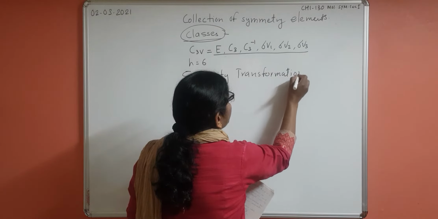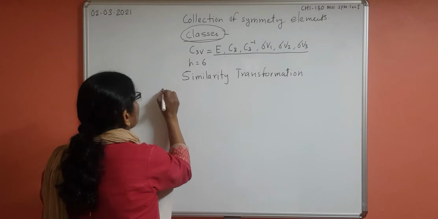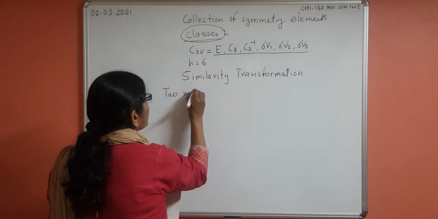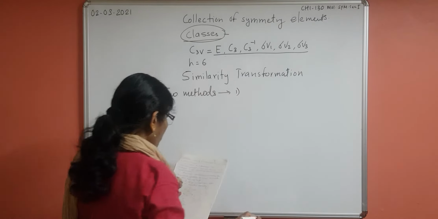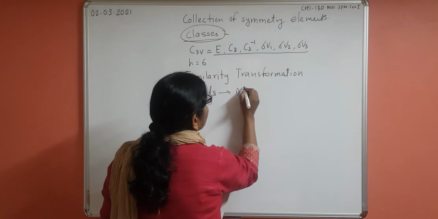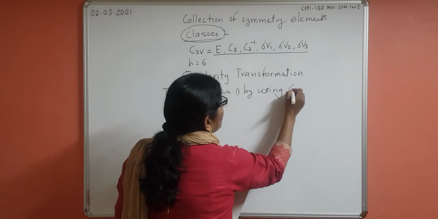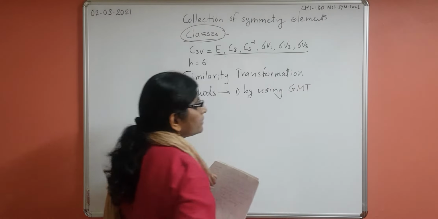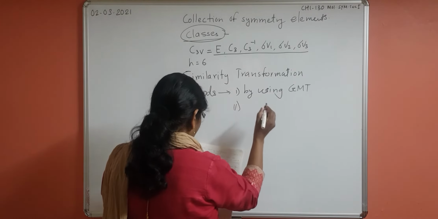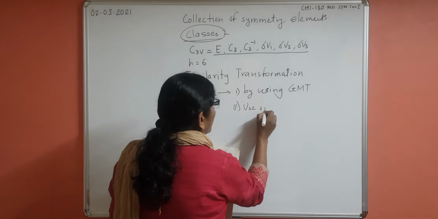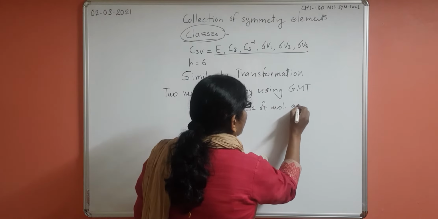And to do this similarity transformation, there are two methods. First, by using a group multiplication table, I'll not write the details, GMT. And second, again, as we have used molecular geometry in arranging the group multiplication table, the same procedure.